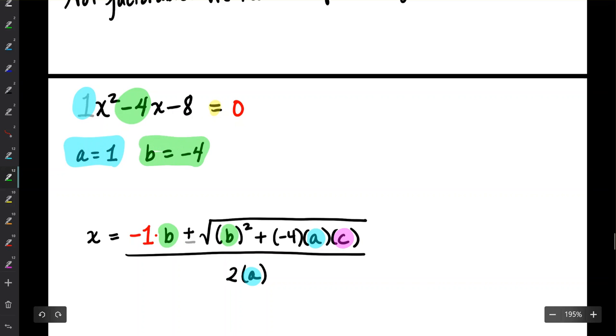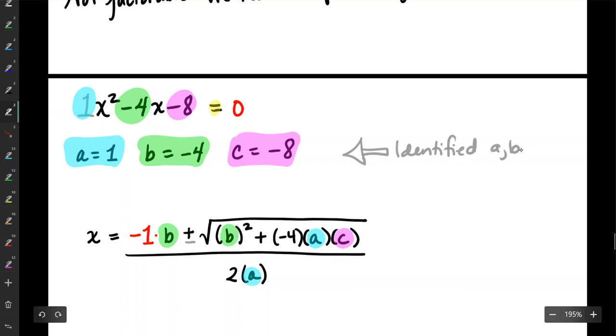B is minus 4. And don't make this mistake. C isn't 8. C is minus 8. All right? So we've identified A, B, and C.